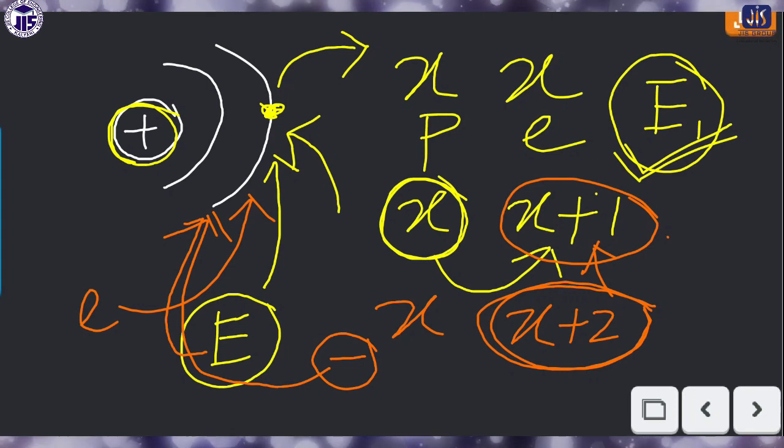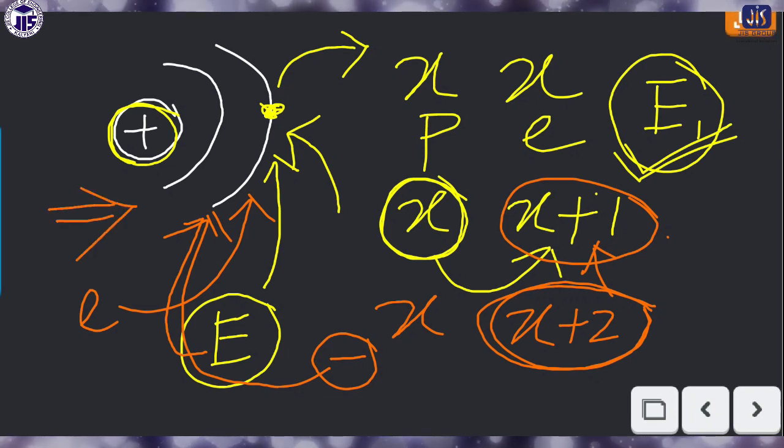You can also see the question in the case of a particular atom like oxygen: why is the first electron affinity of oxygen positive, whereas the second electron affinity of oxygen is negative? You have to explain this in this particular way.